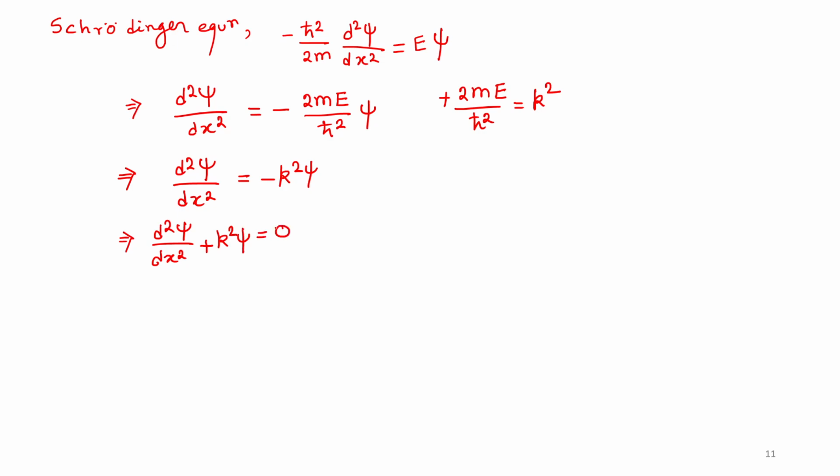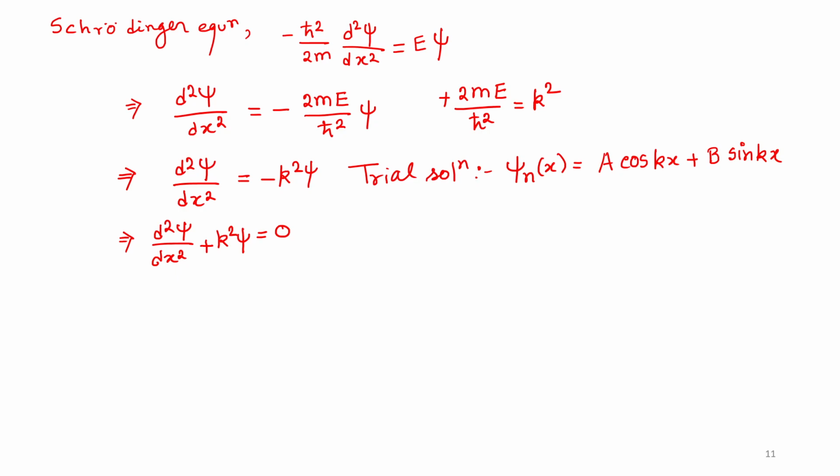So this is a differential equation. The trial solution will be the same as before: psi is going to be a cos kx plus b sin kx. Up to this part there should not be any change, right? So this is the trial solution of this Schrodinger equation.